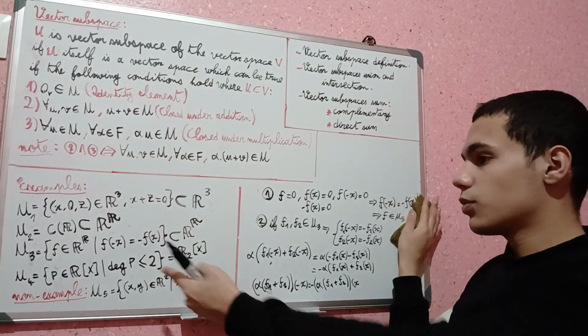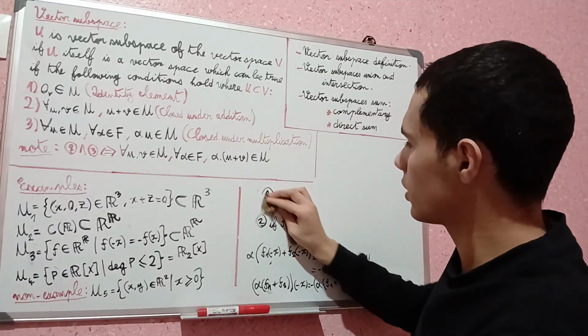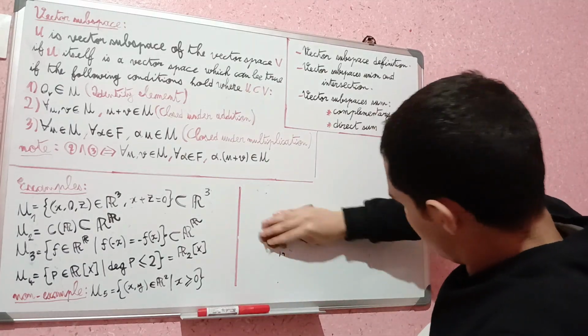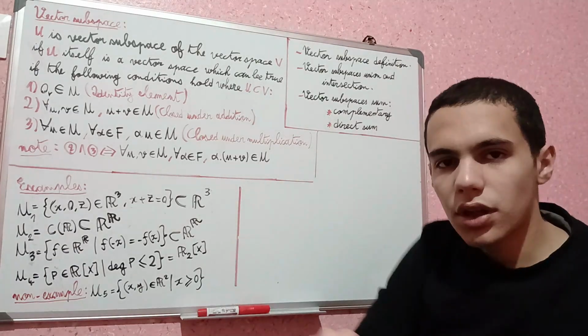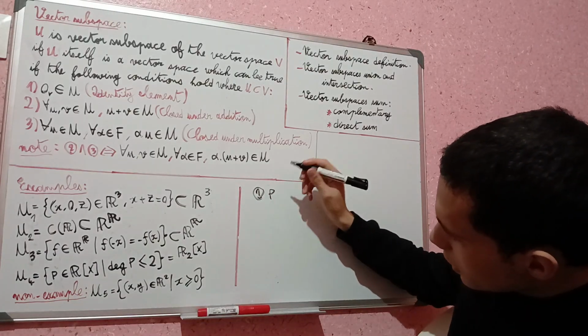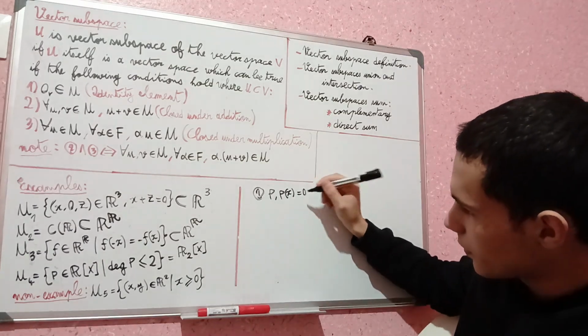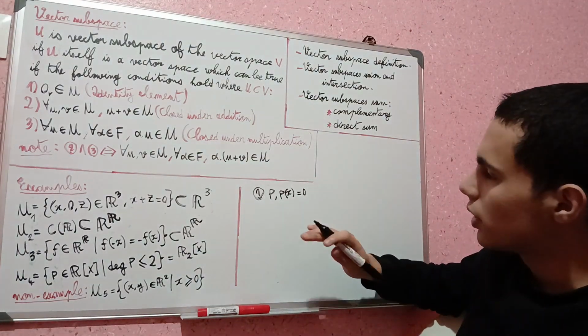Alright, now let's move on to the last one, which is for polynomials. First, the identity element is P, where P of x equals 0. This is the polynomial identity.